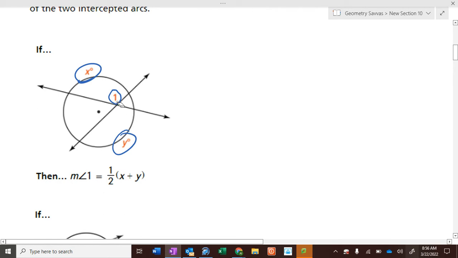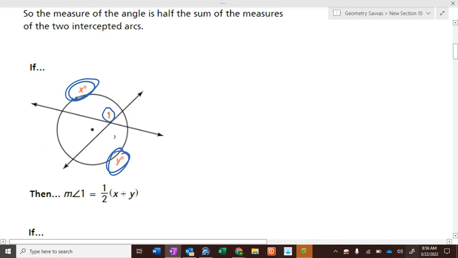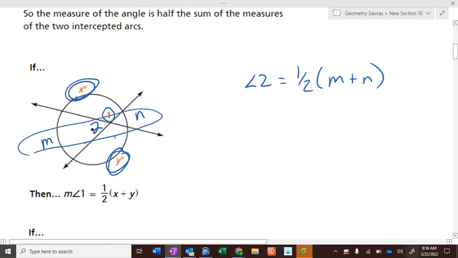This angle right here equals this arc and this arc. So angle 2 over here would equal, let's call this M and this N, angle 2 would equal 1/2 of M plus N. Because they're all in a line here.